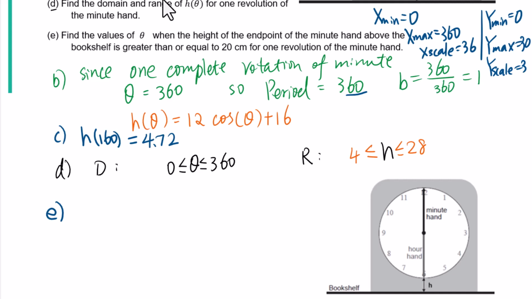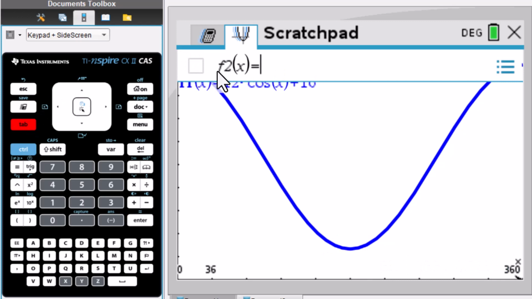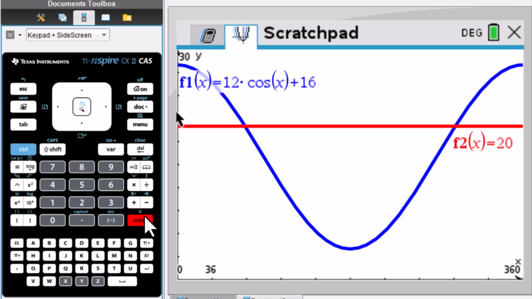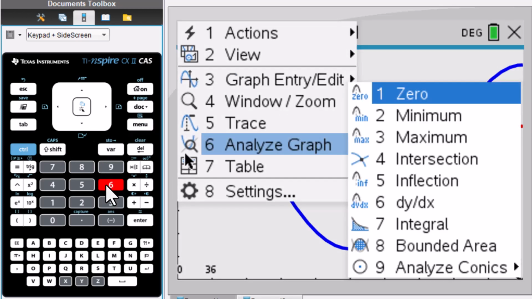For one revolution of the minute hand, we will set up the inequality h of theta greater than or equal to 20. We will solve this by graphing. Click on tab. F2 of X equals 20. Enter. We need to figure out these two intersections. Menu 6, 4.